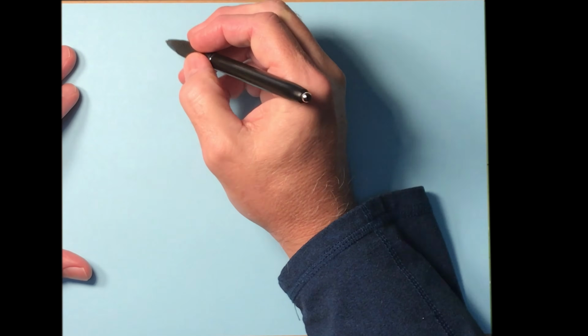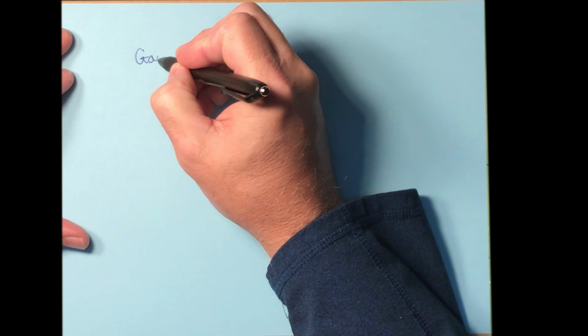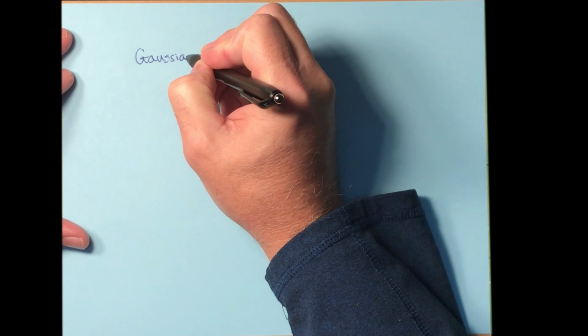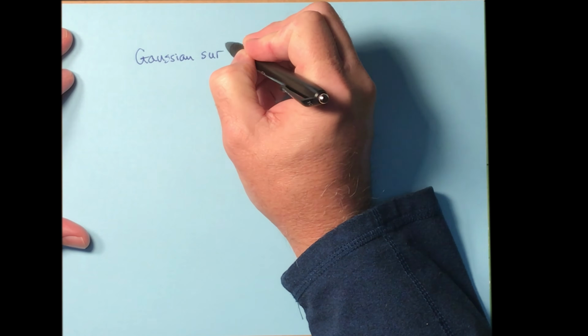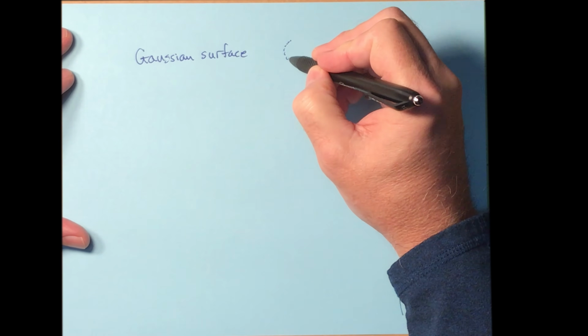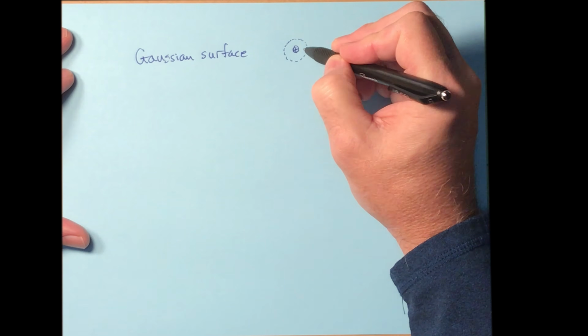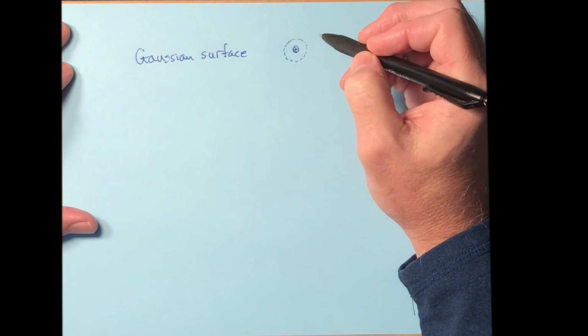For example, in Gauss's law, we had the concept of a Gaussian surface. And we said, here's this imaginary Gaussian surface. It has to have a charge enclosed in order for it to be useful to us.